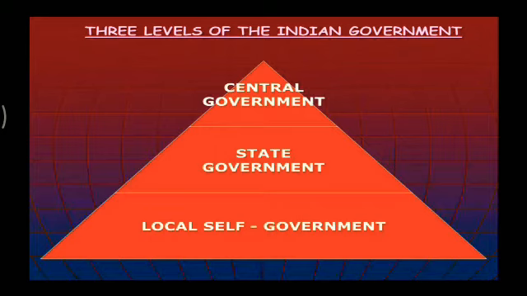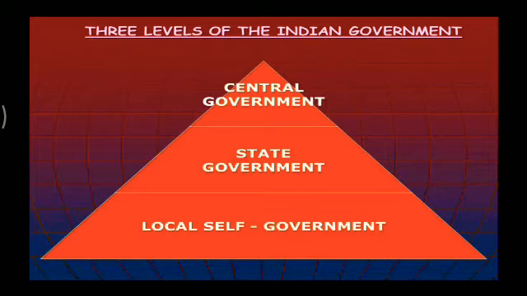The central government makes laws for the entire country, and it is based in New Delhi. The state government makes laws for a state, and it is usually located in the capital of the state. And lastly, we have the local government, which functions in a city, a town or a village.